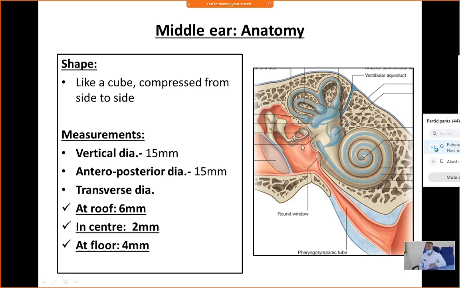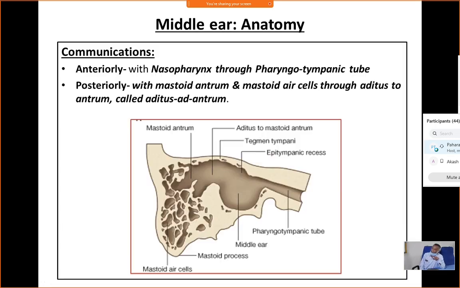So at the center it is 2 millimeter, while at the floor it is 4 millimeter. So the middle part is narrowest, the upper part at the roof is widest, and the floor is slightly smaller than the upper aspect.